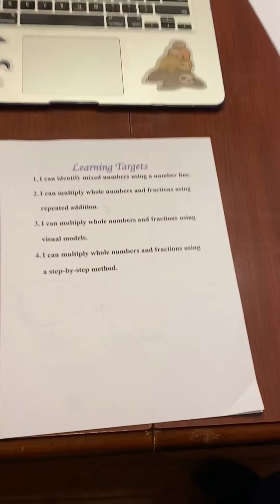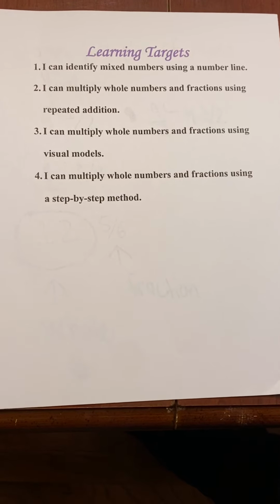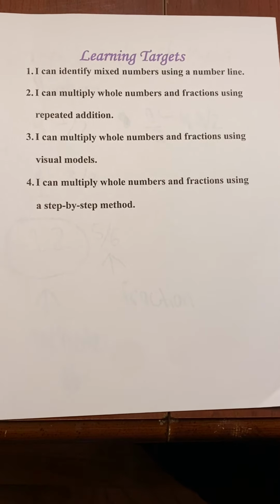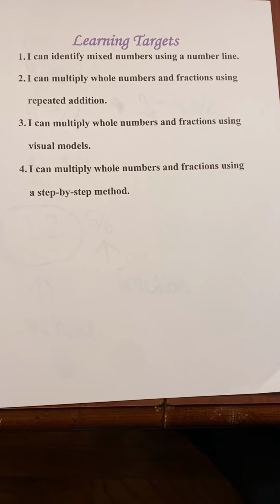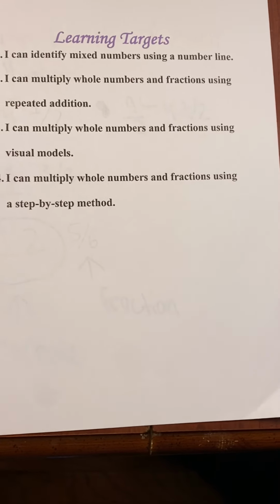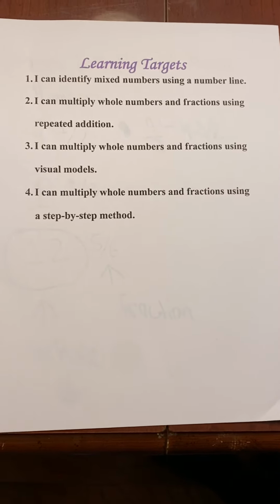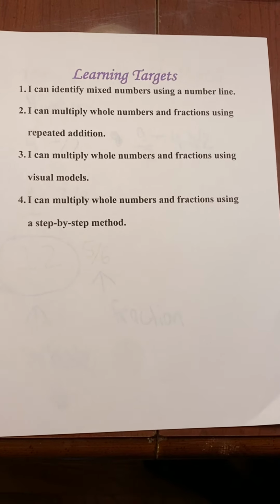So we're going over the learning targets first. The first learning target is I can identify mixed numbers using a number line. You all have already gone over mixed numbers in 3rd grade, Miss Wolford said, but this is just to revisit it because we'll be using mixed numbers in some of our strategies on multiplying fractions by whole numbers.